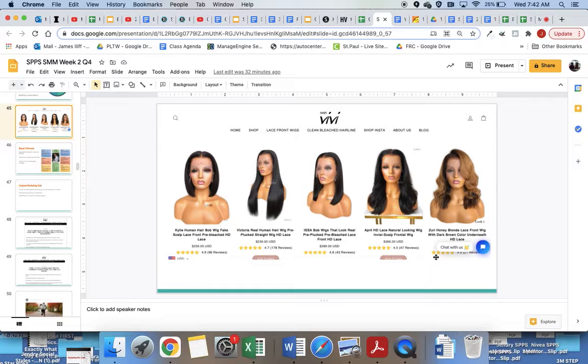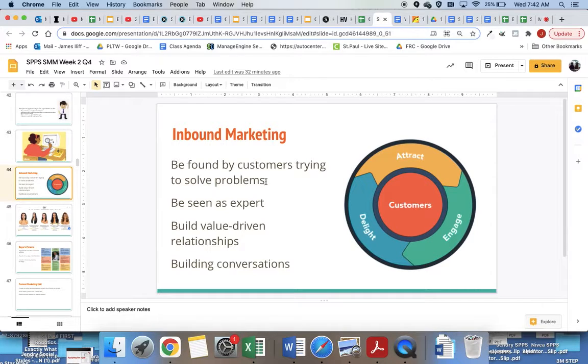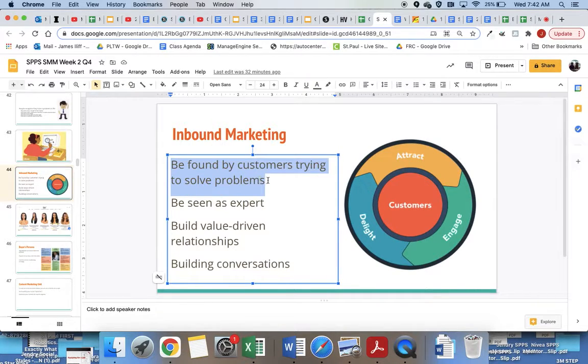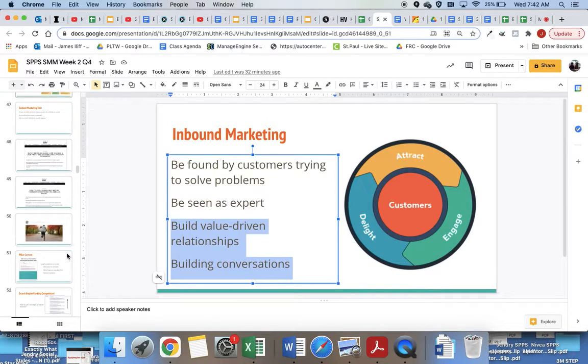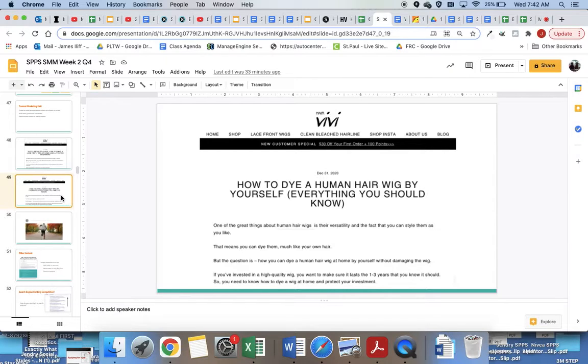And they convert into being a customer. So do you see that Hair Vivi is producing content to be found by customers and to solve their problems? They're seen as an expert by those customers, and then they're actually building customers. So that's super cool. This is a real life example of a company that's doing this well.